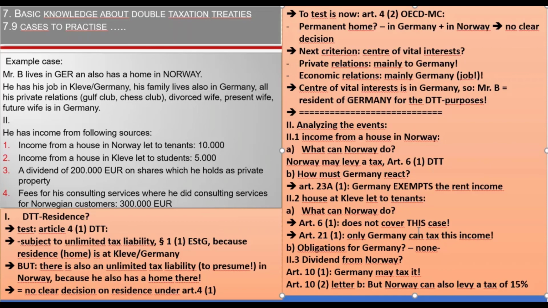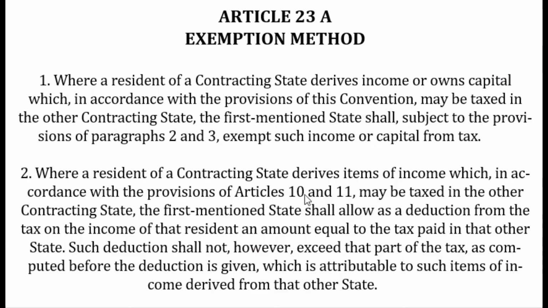And let's look up again, how is double taxation now avoided by Germany? That would be a good question. Where a resident of Germany gets income which can, in accordance with the provisions of Article 10 and 11, be taxed in Norway, then the credit method applies.